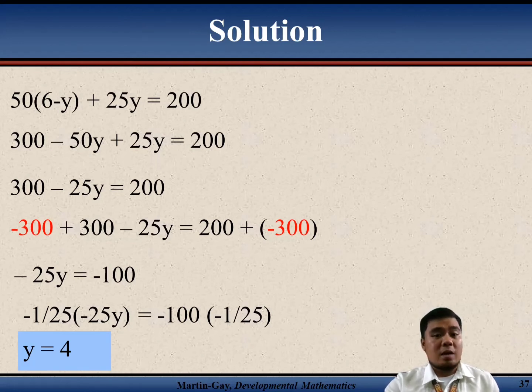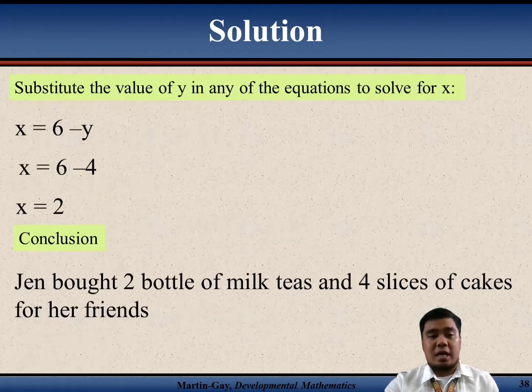Then right after that, what are we going to do? We will use that value of y, which is equal to 4, to find the value of x by substituting into equation number 3. So x is equal to 6 minus y, that is our equation number 3. Then x is equal to 6 minus 4, x is equal to 2.